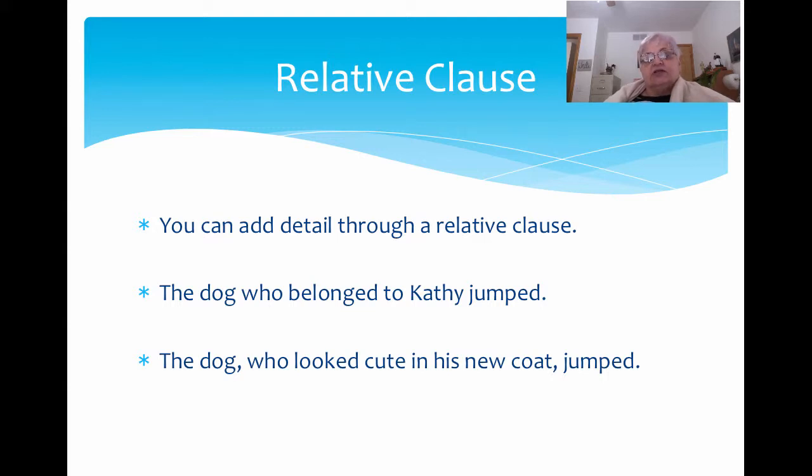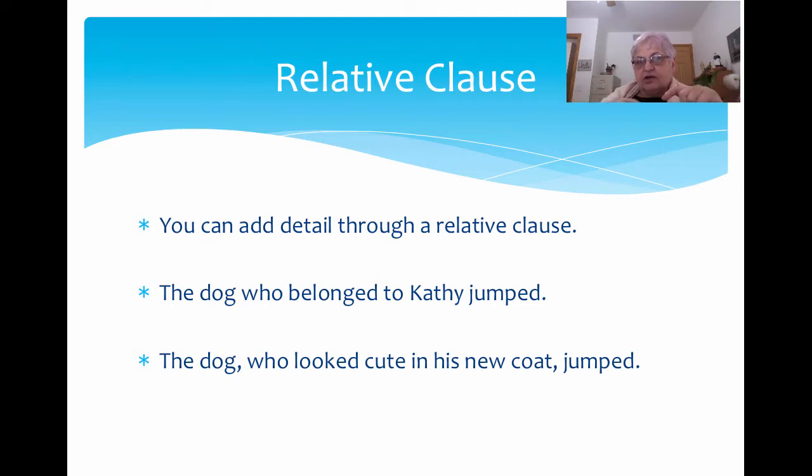Now notice I don't have any commas in the first example there, but I do in the second. Why? There's a difference between what they call restrictive clauses and non-restrictive clauses. When I say the dog who belonged to Kathy, I'm denoting that it's the only dog.